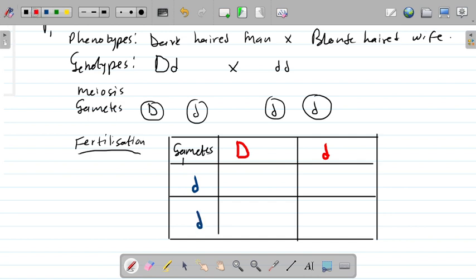Then let's cross them. In this one we have D and small letter d, then capital D and small d, then small d and small d, and lastly small d and small d.